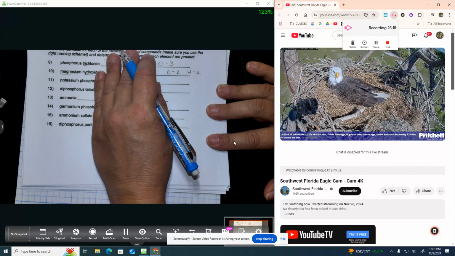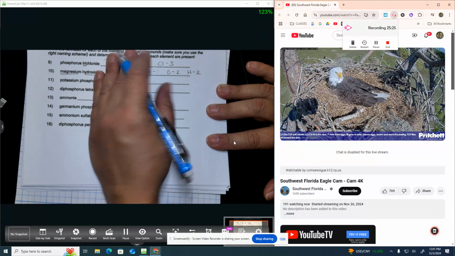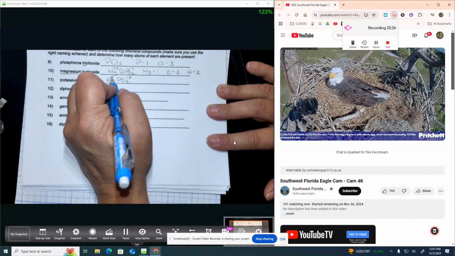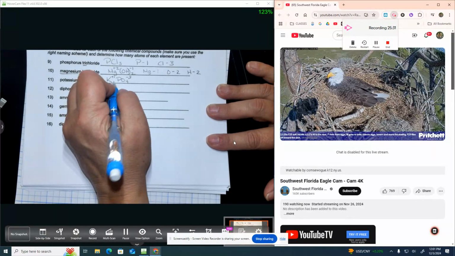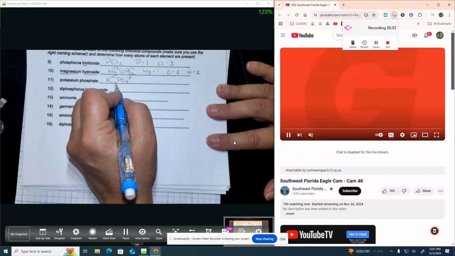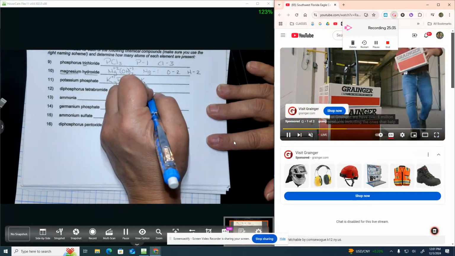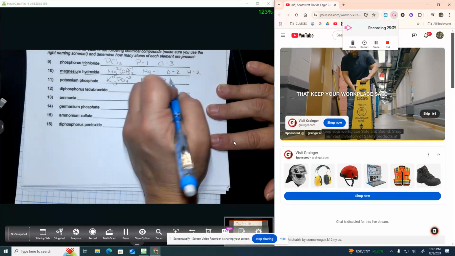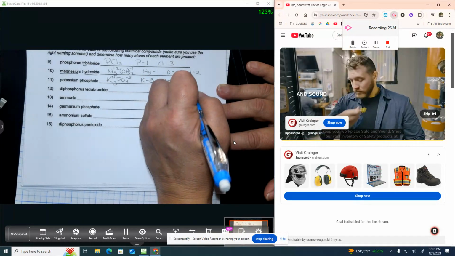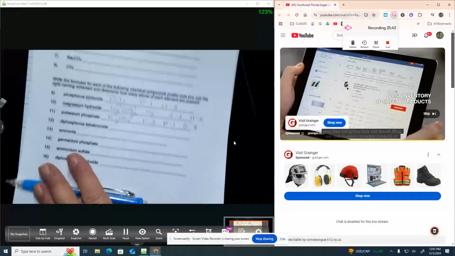What is the charge on phosphate? -3. All right, what do I do with these charges? Cross them down. So K3PO4. How many potassiums do I have? How many phosphorus? 1. And how many oxygen? 4. All right, I'm stopping the tape.